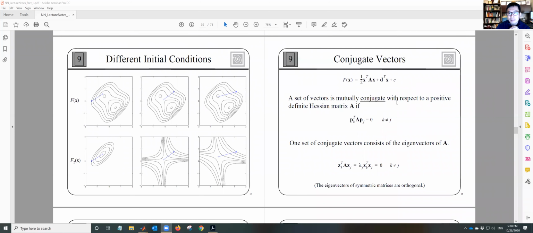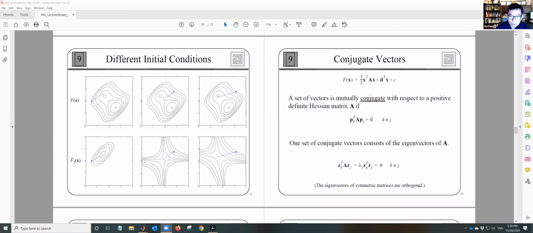Let's have a look at the conjugate vectors. So here is a quadratic form of the equation or response surface. A set of vectors is mutually conjugate with respect to a positive definite Hessian matrix A. You see, pk transpose, A in the middle, pj.